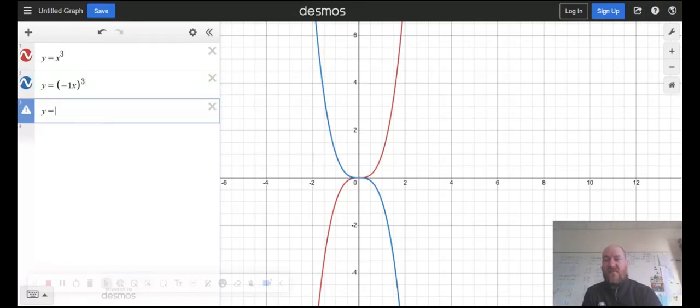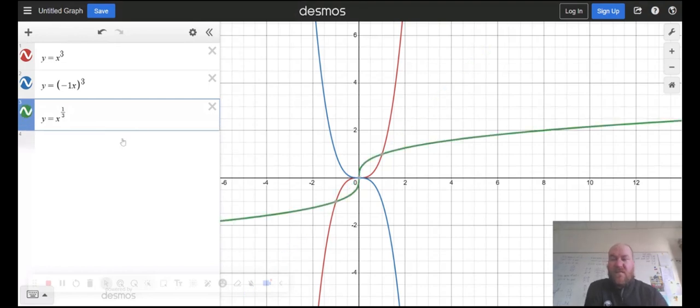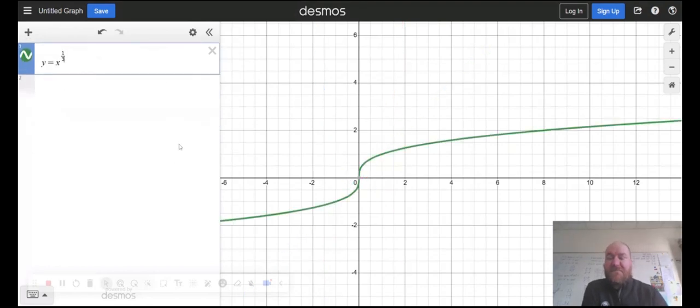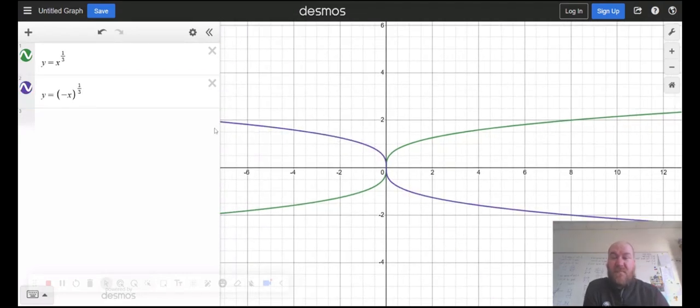And I'll show you another example of that. Let's do a cube root. So that's a cube root function. And if I make the x negative before I cube root it, you can see that it mirror images the graph.